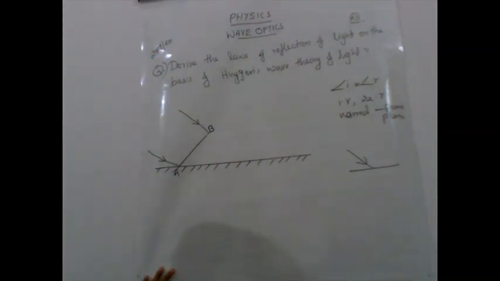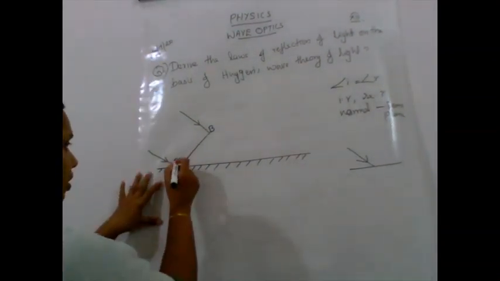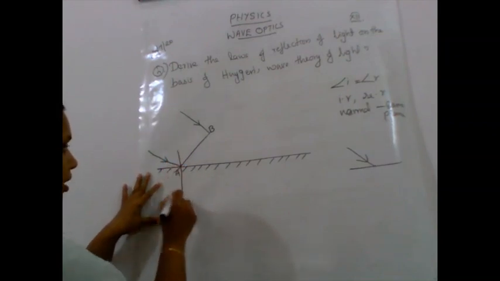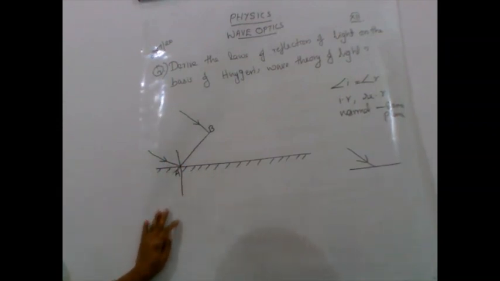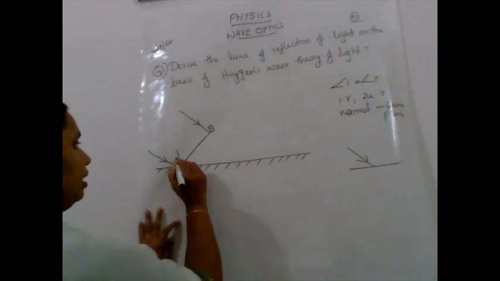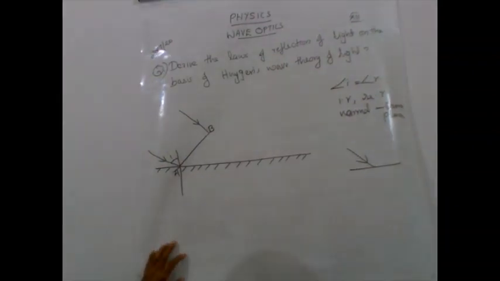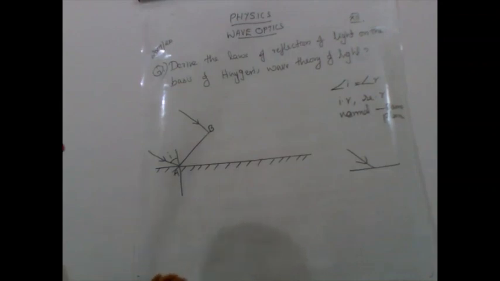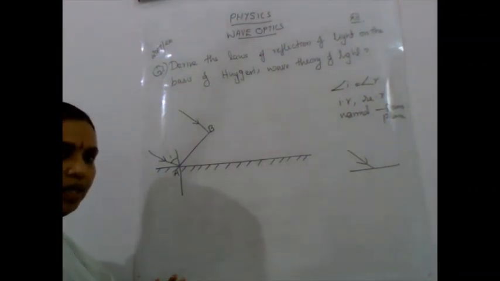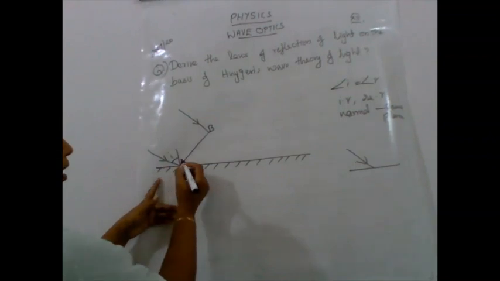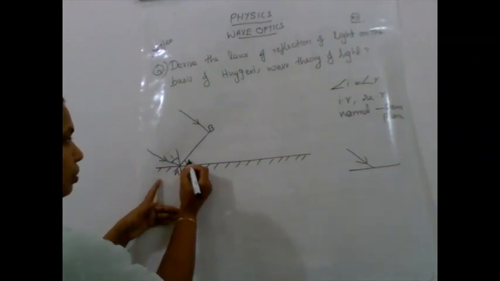And here we can draw the normal to this point. This normal. So here we can say this is the angle of incidence I. Isn't it? That is the angle of incidence. Okay. So this is I. This angle is also I.